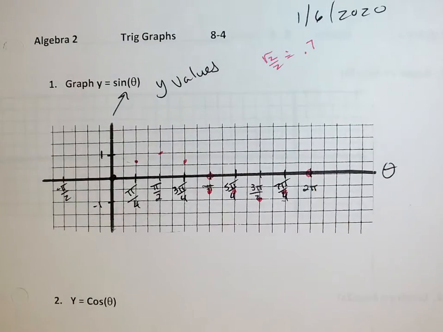So I took the y values: 0, 0.7, 1, 0.7, 0, negative 0.7, negative 1, negative 0.7, back to 0. So we went around the circle one full time, didn't we? So that's one curve. Think about when you drop a pebble into the ocean or into a pond: one curve.